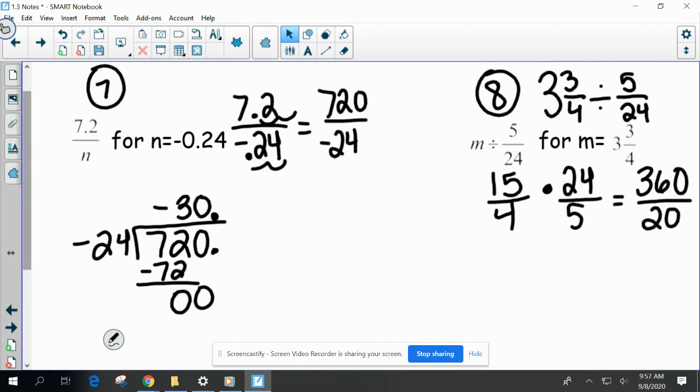Okay, and then I need to simplify. What could I divide out that they both have at the end? A 0 or a 10. So that would make it 36 over 2, which would equal what? 18.